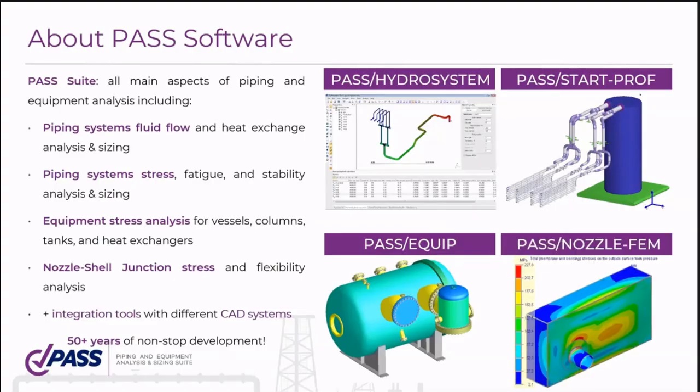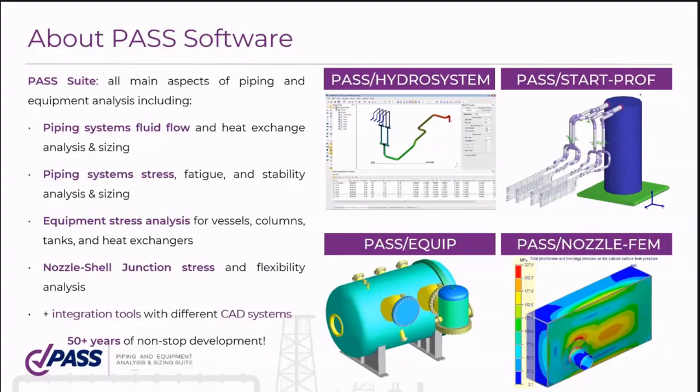And the fourth component is Nozzle FEM. Nozzle FEM software can be used as a separate software and in combination with both PaaSEquip and PaaS StarPro. It provides FEM analysis for nozzle-shell junctions and some other non-standard elements, both for piping and equipment.